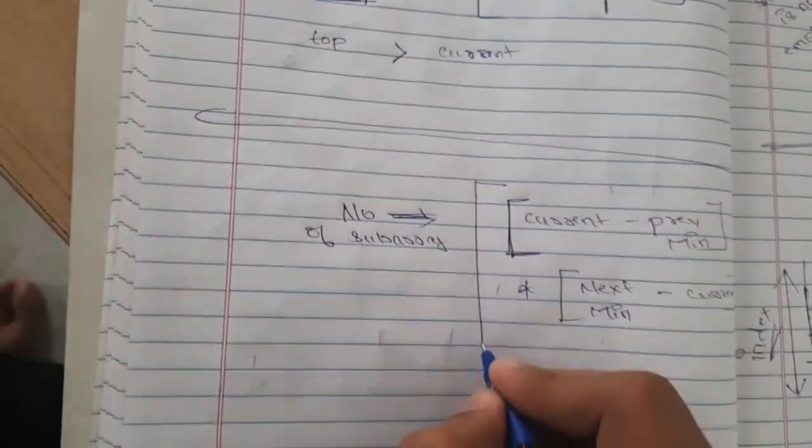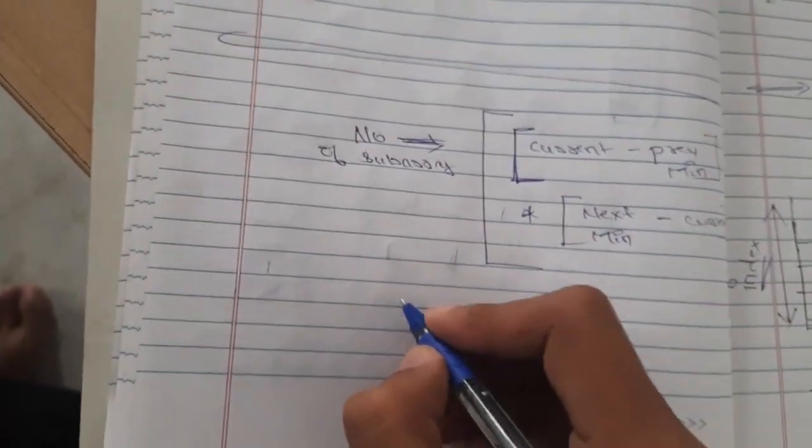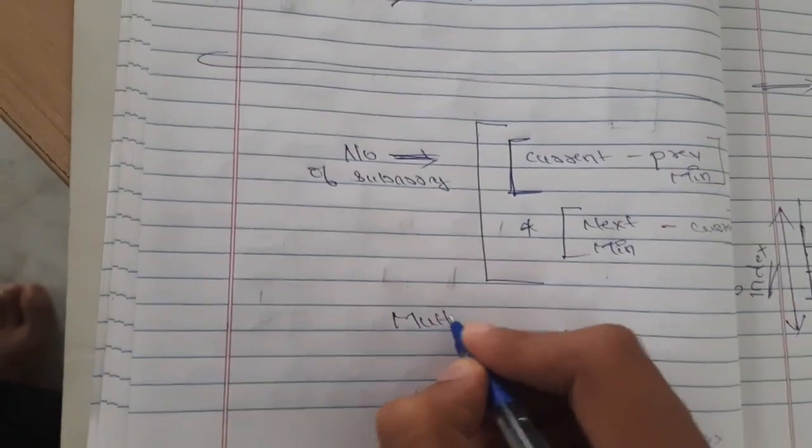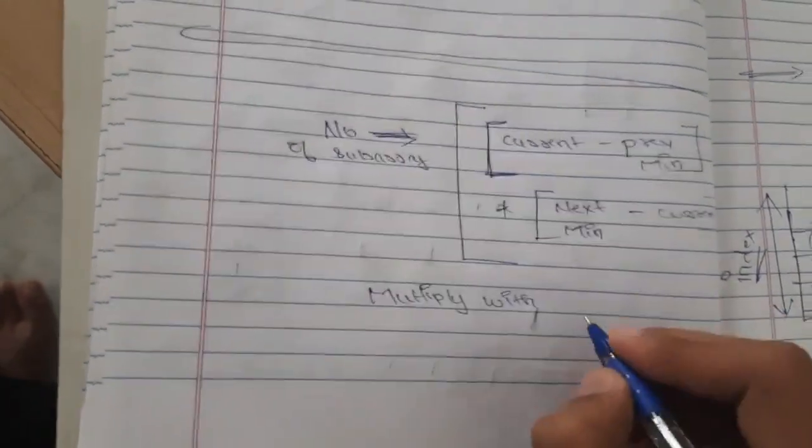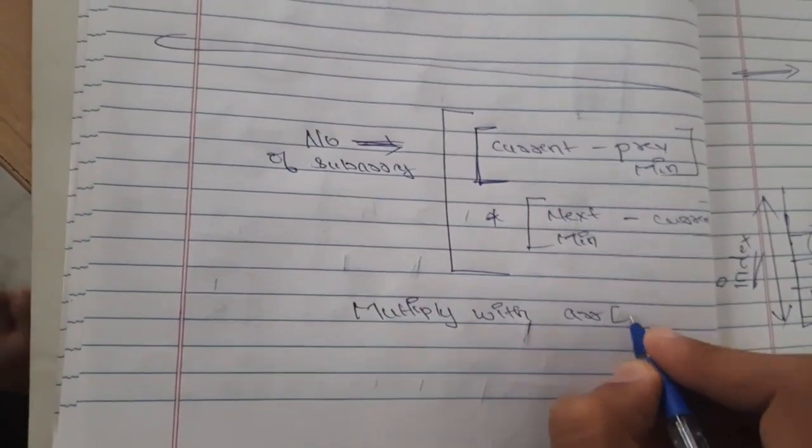For each index we calculate this value and multiply it with arr[i], the original value at that index.